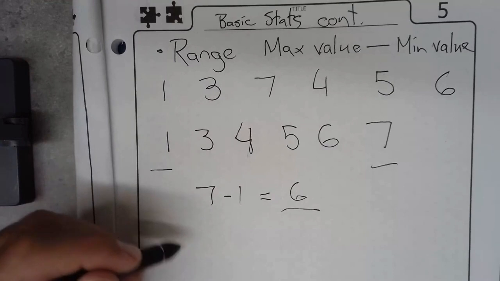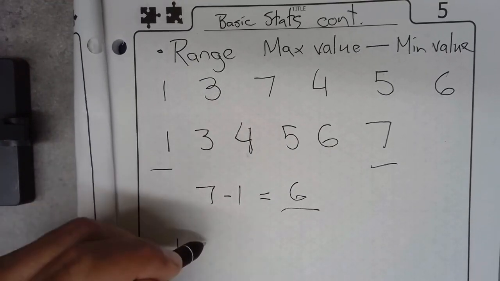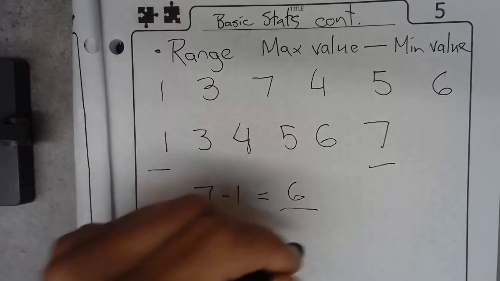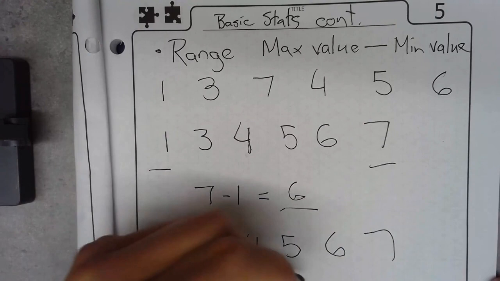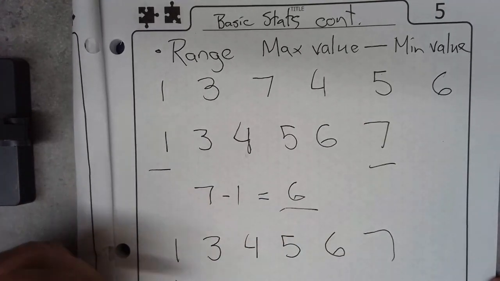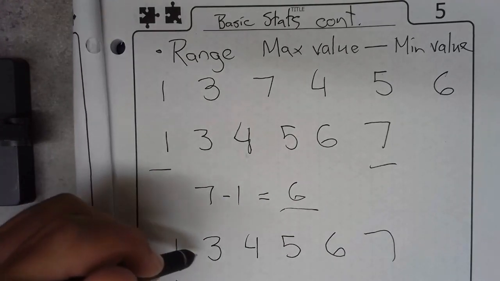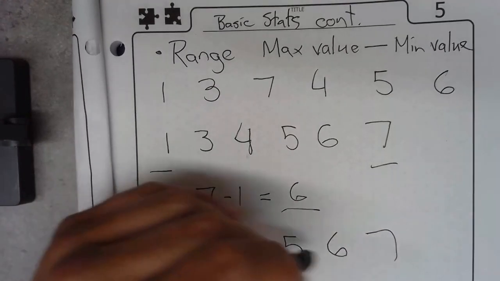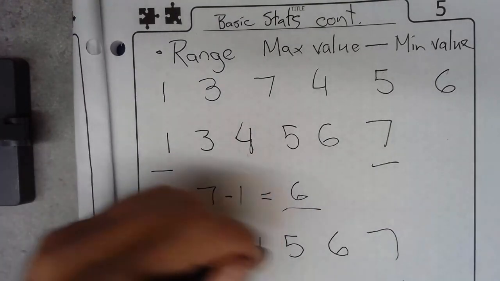And then if we were looking at the interquartile, so 1, 3, 4, 5, 6, 7. So looking at this interquartile range, we have the middle point, which is in between these.